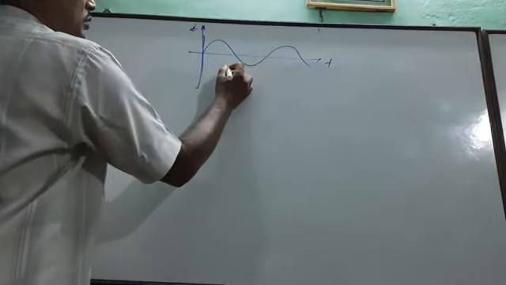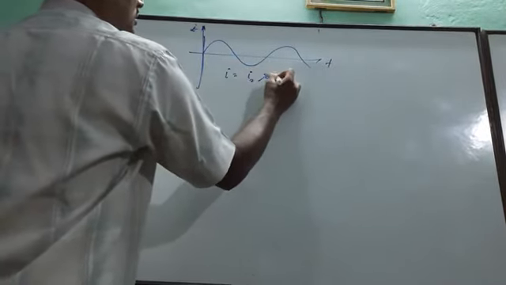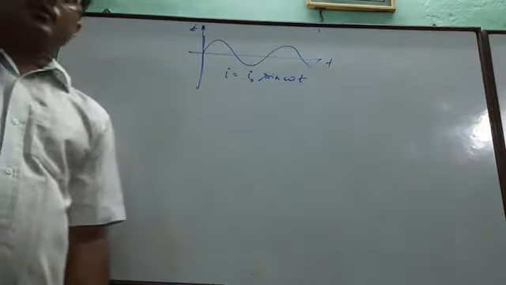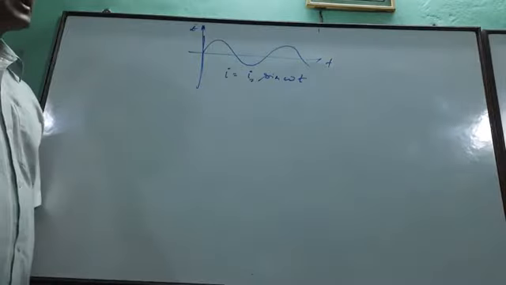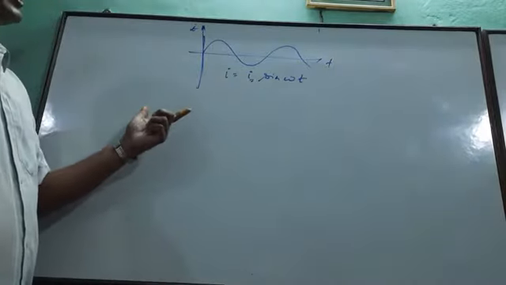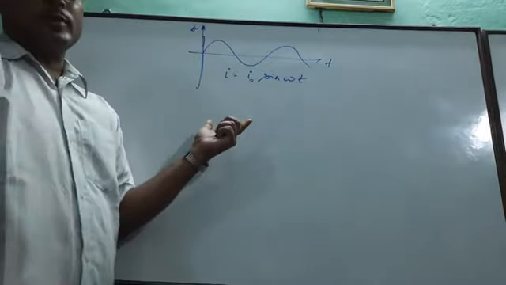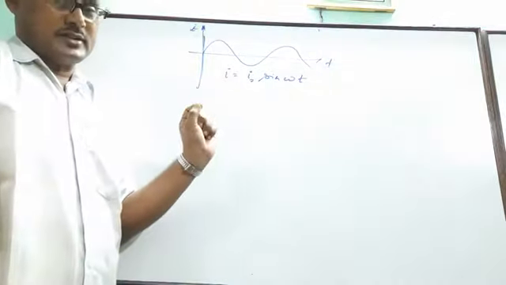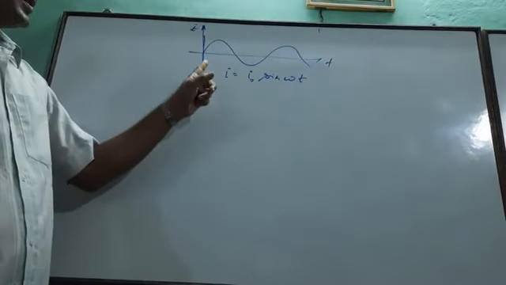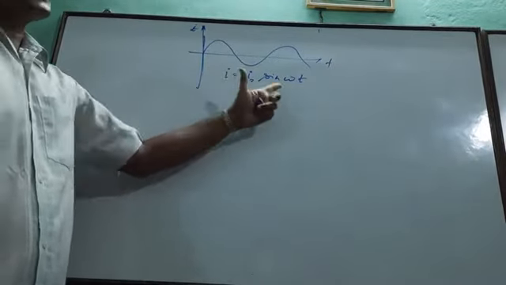And then what will be the equation? I equals I0 sin omega t. Now how can we represent the AC current, because it varies with time and the value of AC current is different for different instants. So this is called the instantaneous current. So the instantaneous current expression is this.